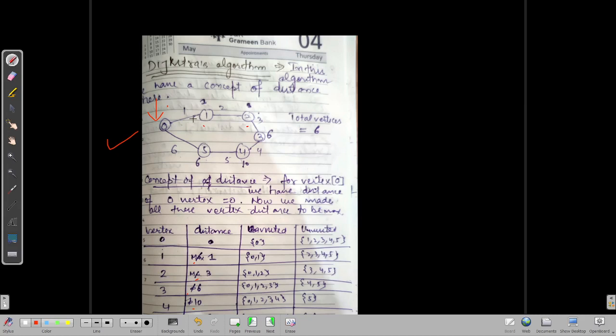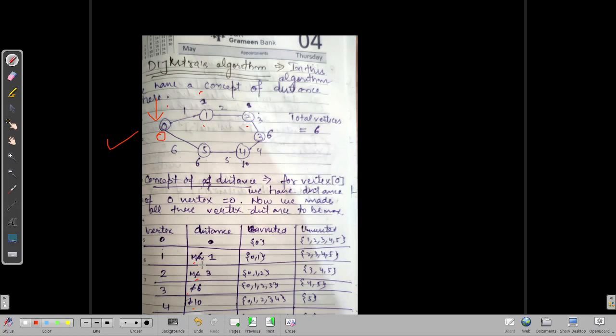So you can see node 1 has a lesser distance of 1, and what we do is check if we reach 1 through 0. Okay, so what is the distance we require? Till 0 we have to cover 0 distance. So if we cover the distance from 0 to 1, it is 0 plus 1, which is 1. And before that we have an infinite value.